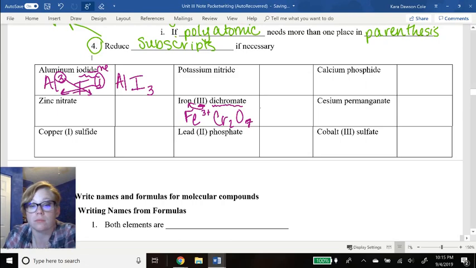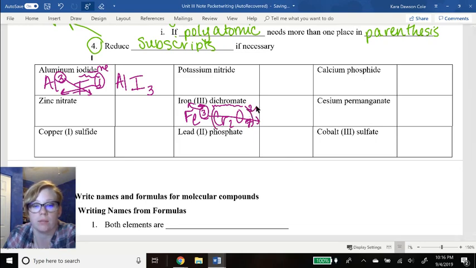So Cr2O7 has a 2- charge. Again, I'm going to ignore the plus and the minus, and then I'm going to switch. The 3 goes to the dichromate. I need to put the dichromate in parentheses because I'm bringing a number down. And the 2 goes to the Fe.